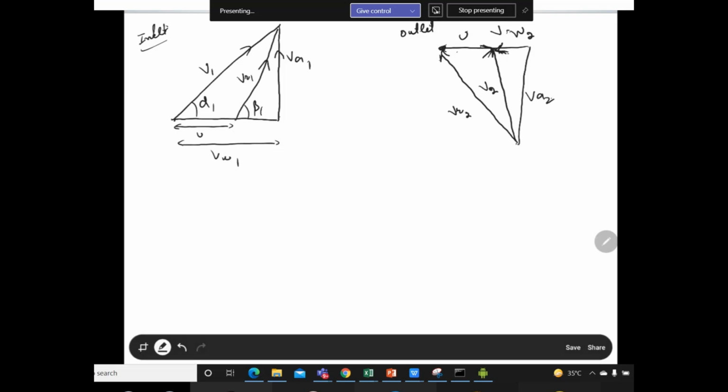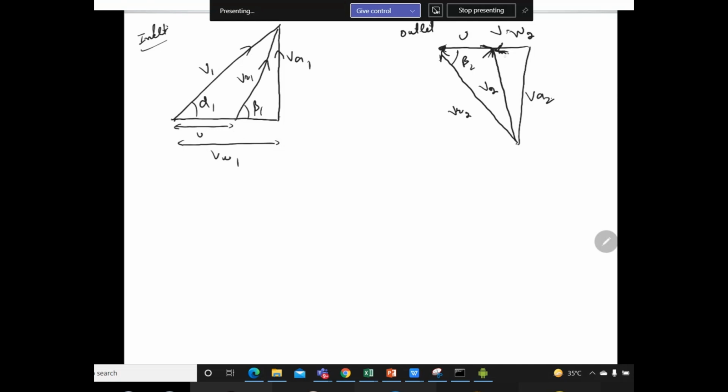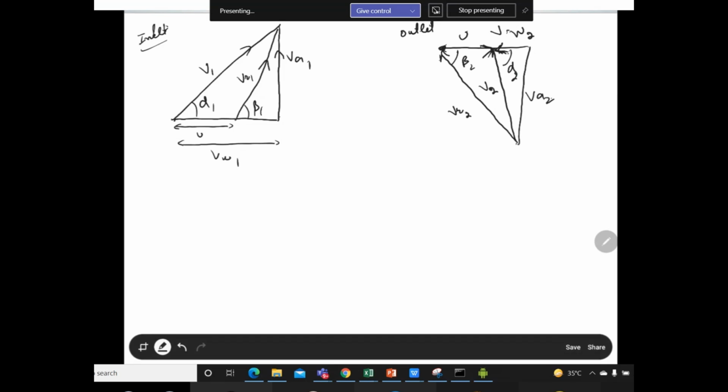And then definitely there are angles, so beta 2, and here is the alpha 2. So this is the velocity diagram at the outlet.